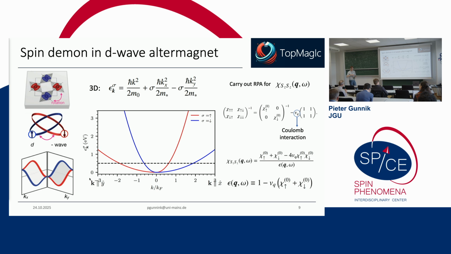So in DFT, you find some stable altermagnetic state, you get a Fermi surface from that, and then you know it is stable in that case, and you use those parameters. Yeah, exactly. Okay. But if you're not able to do this long wavelength theory, then you have to do the RPA on the full tight binding, and then it might, like I say, depend on where my Fermi velocities are.